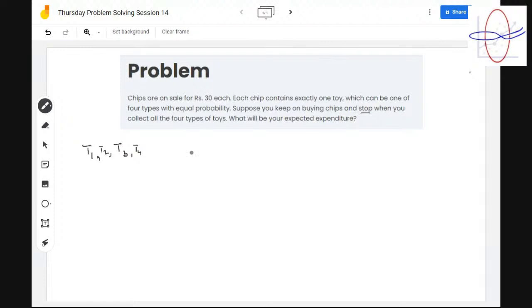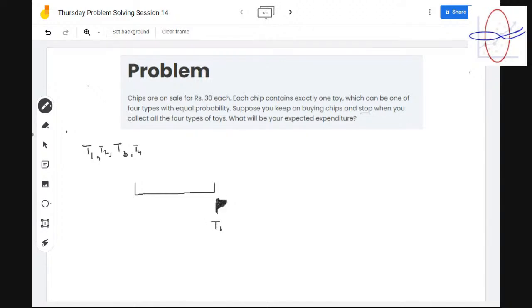So the idea is very simple. There are 4 toys, T1, T2, T3, T4, and there are chips on sale. Let's see the time to reach the first toy, T1.